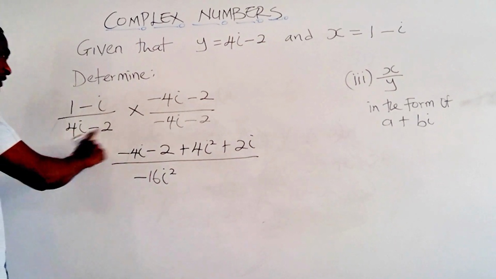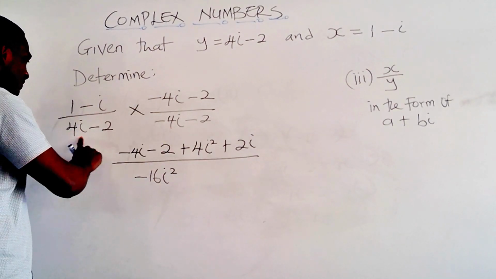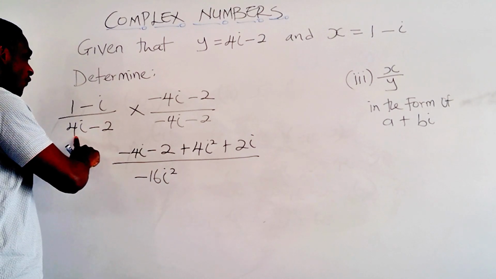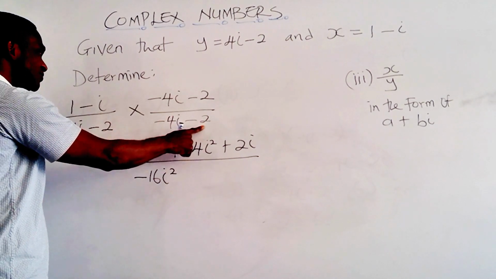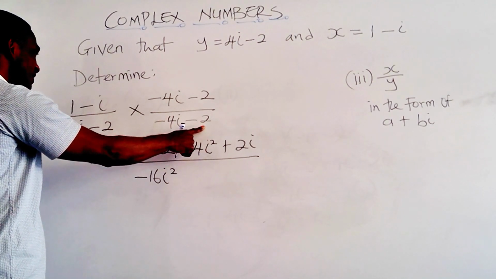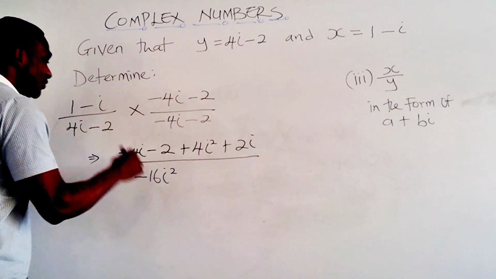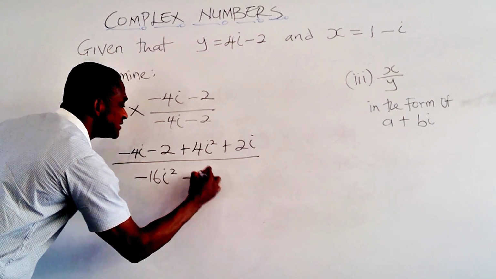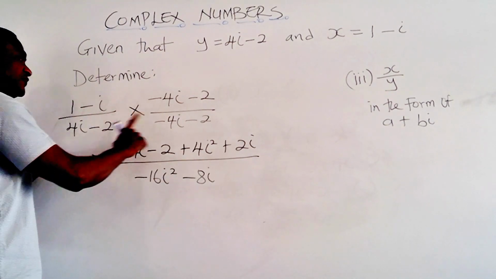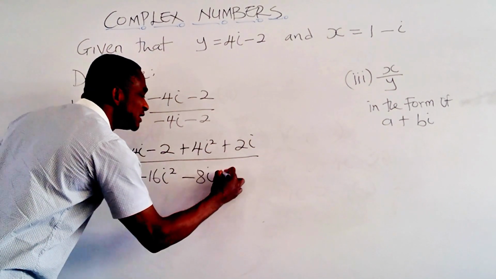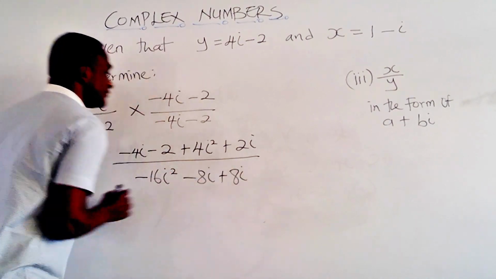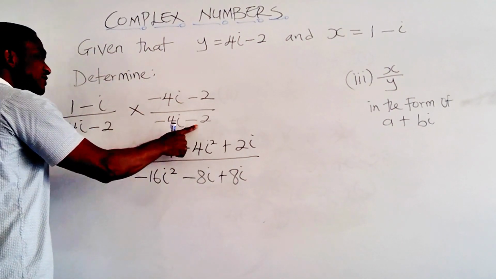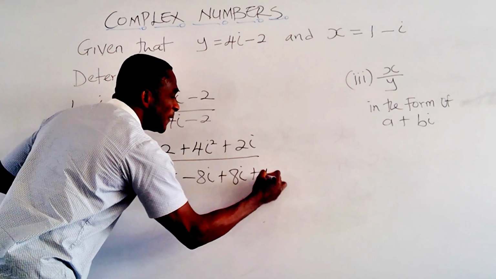Then 4i times negative 2 is minus 8i. So let's write everything, no need to take shortcuts. Negative 2 times negative 4i is plus 8i. Negative 2 times negative 2 is plus 4.